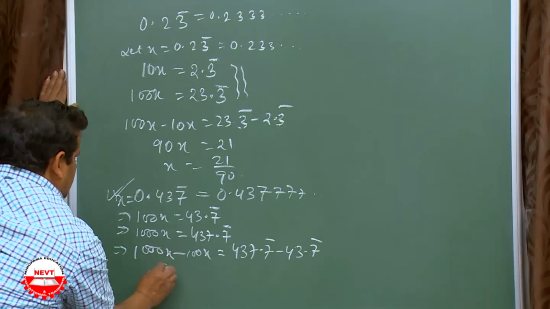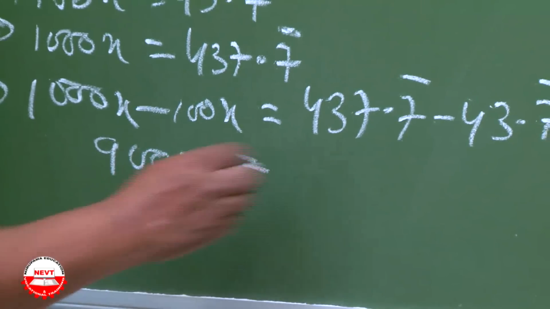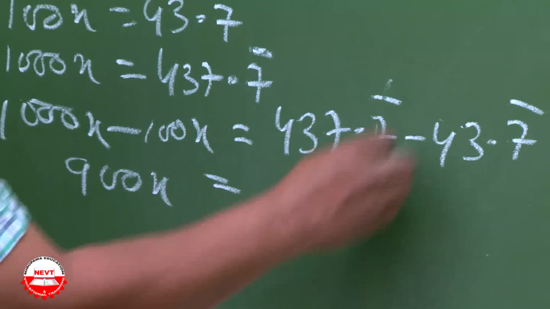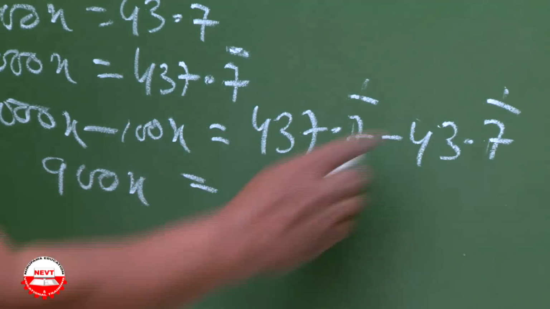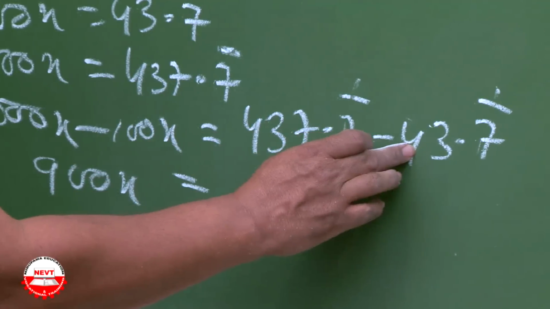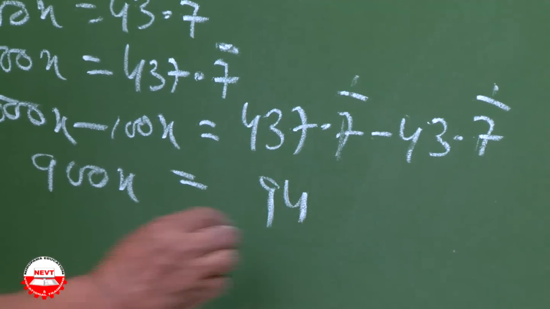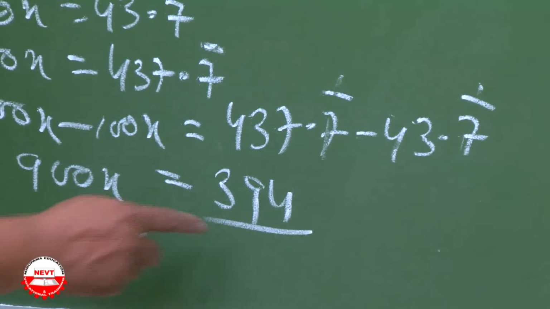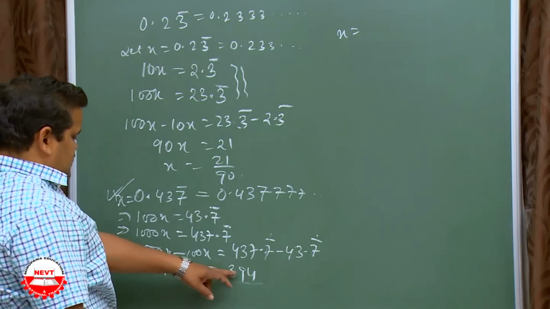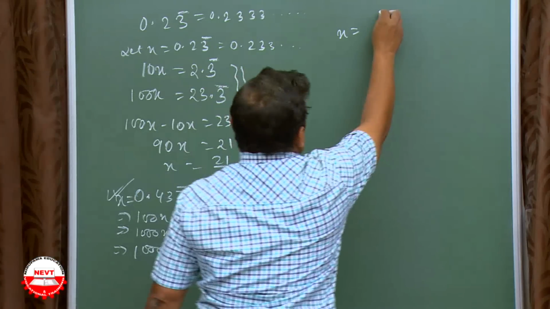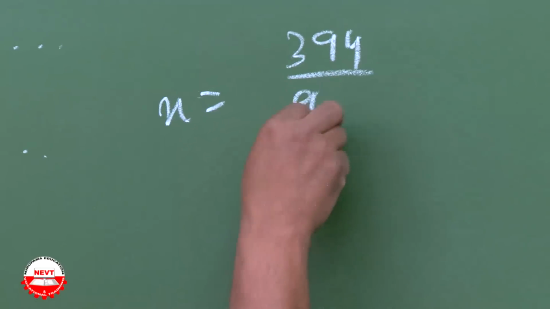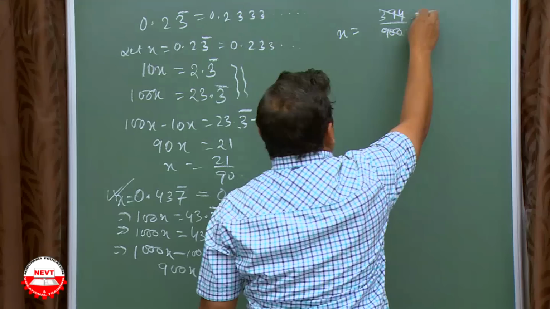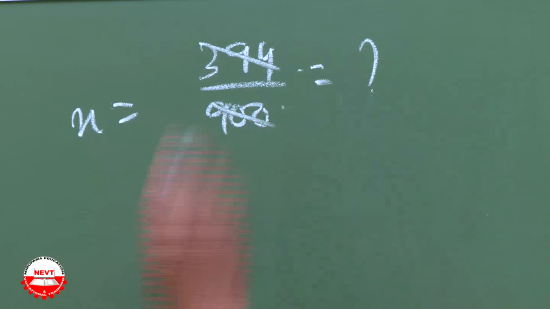This gives 900x, with the bar cancelling. 7 minus 3 is 4, 13 minus 4 is 9, and 3 remains, so 394. Or x is equal to 394 by 900. Now simplify it, cutting by 2 or 4, whatever divides, and write the answer.